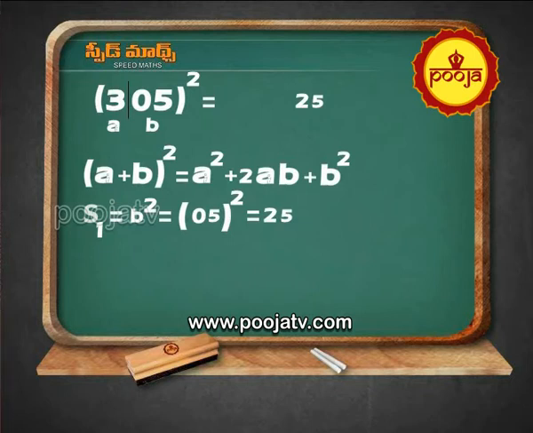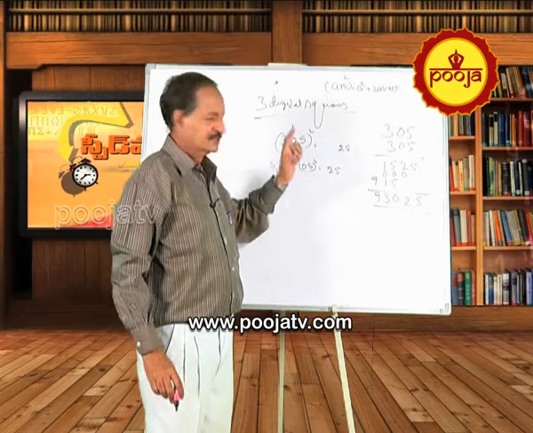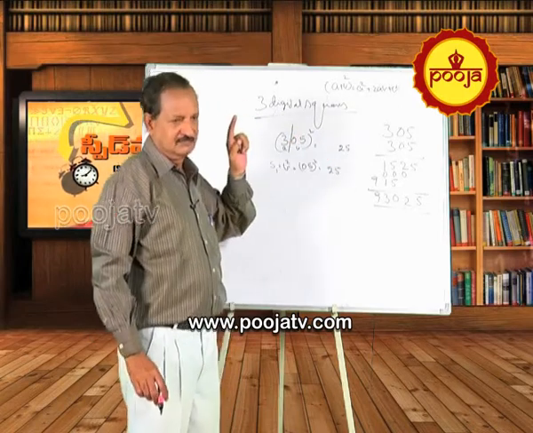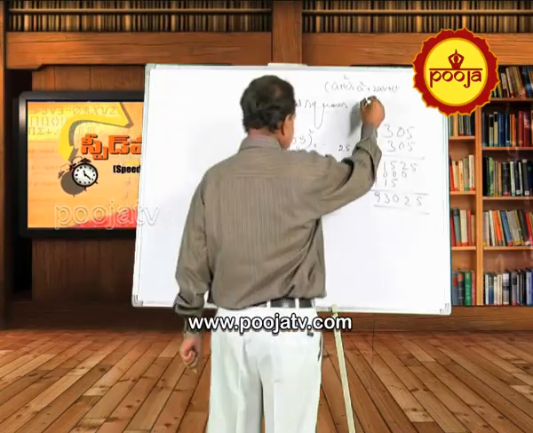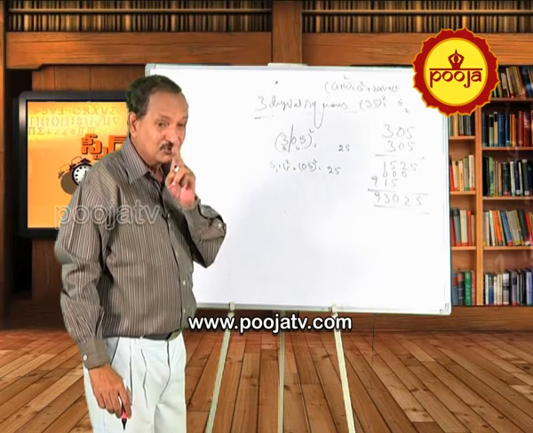Shall we write 25 here, or 5 here and 2 outside? Can anybody imagine? Decide yourself whether it is right or wrong. Suppose it is 35 square: there you write 5 here and 2 outside. Because you are operating 3 digits, you have to take 2 digits at a time.